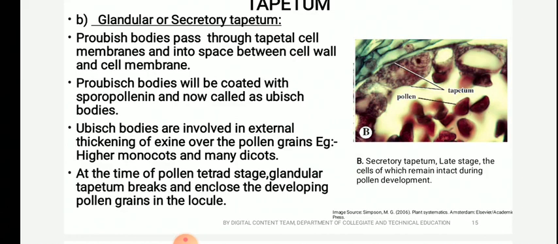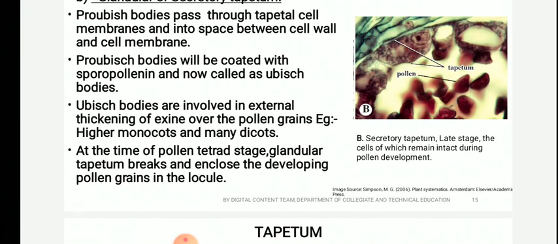Here the tapetum breaks only after the pollen mother cell has undergone meiosis, but till then it will be nourishing the pollen mother cells through its secretions through its inner faces. And here we come across a very unique structure called proubisch bodies, which will be coated with sporopollenin and become ubisch bodies, which eventually will form the exine ornamentation of the pollen grains.